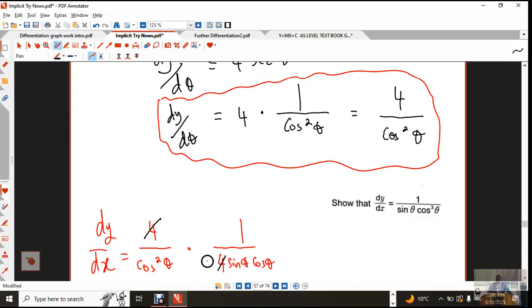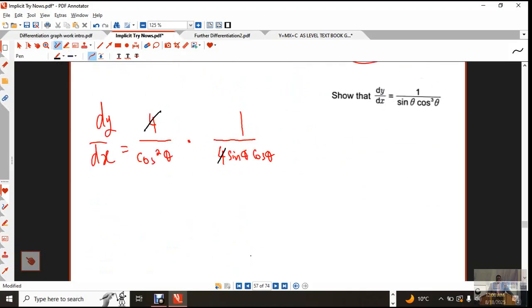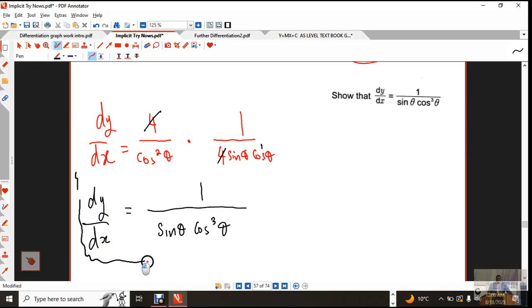The 4's cancel, and then if I multiply the numerator with the numerator, I'm going to have 1 all over sine theta times cos, and the cos squared times cos to the power 1 theta is cos cubed theta, which is what we initially were supposed to prove. That is dy dx over there, and it looks exactly like that.